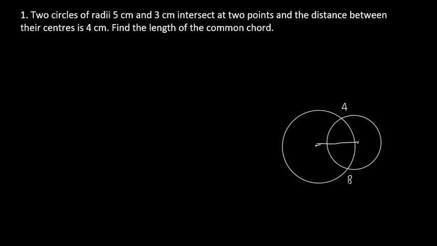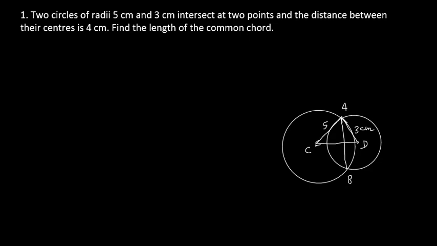Now I draw this AB. Okay, mark this as CD. So C and D are the centers of the two circles. This radius AC is 5 centimeter. This radius AD is 3 centimeter and the distance between CD is 4 centimeter.